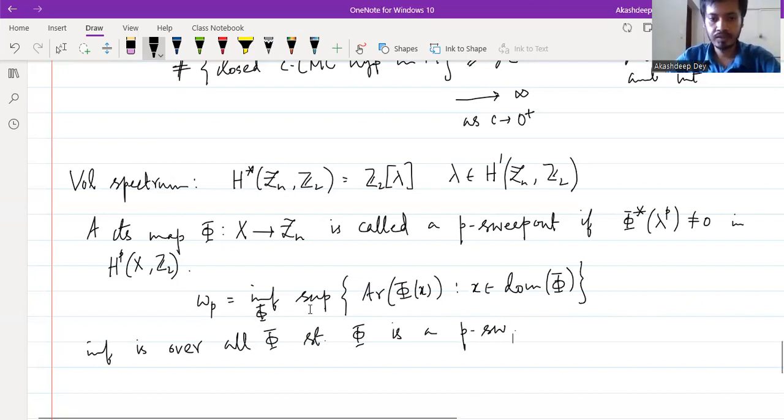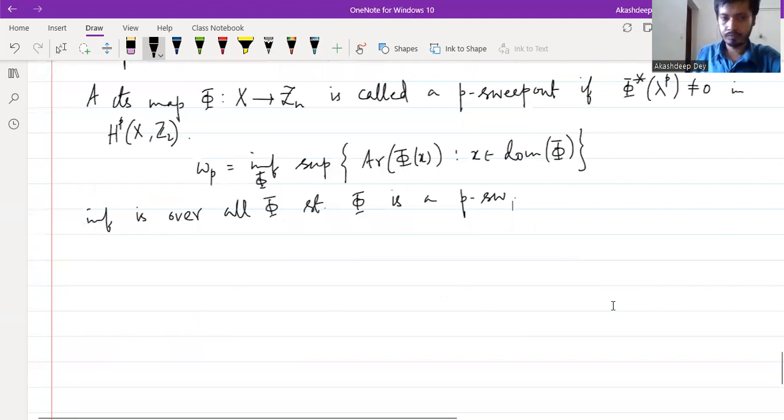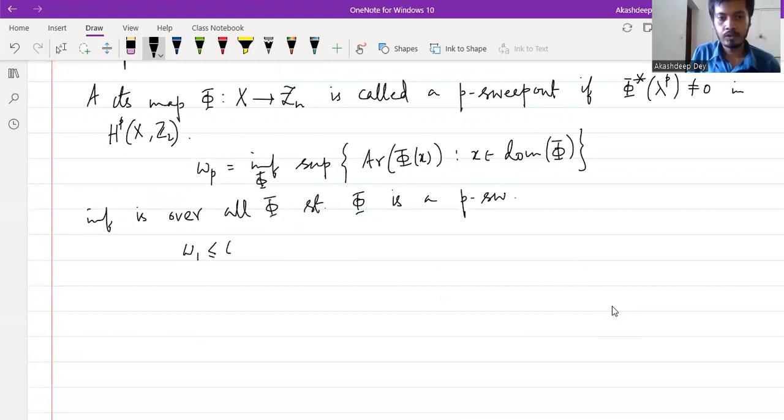And from this definition of omega_P, we have that omega_1 is less than or equal to omega_2 less than or equal to so on. We have omega_P is less than or equal to omega_{P+1}.